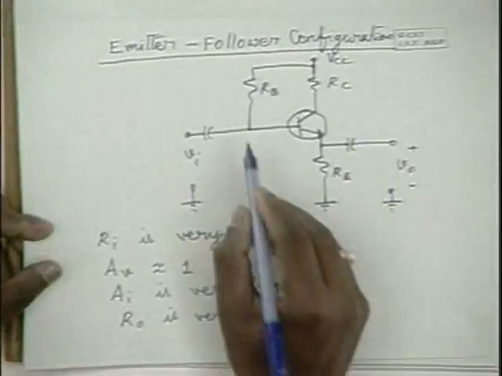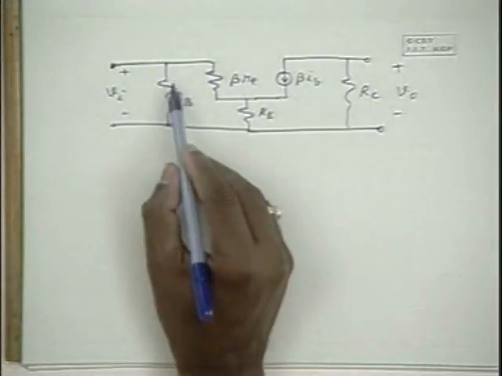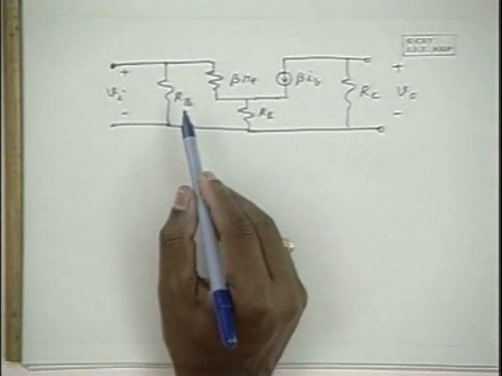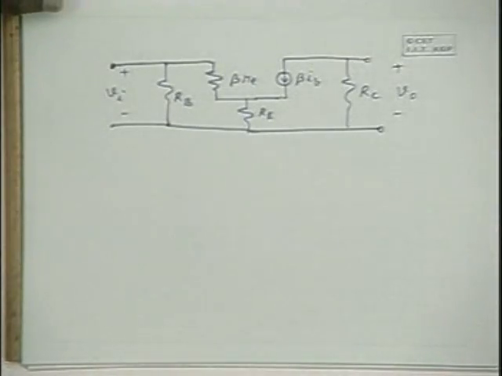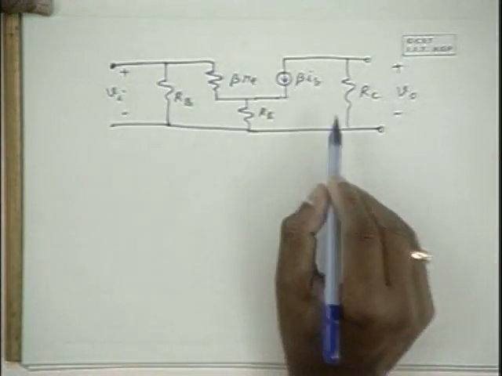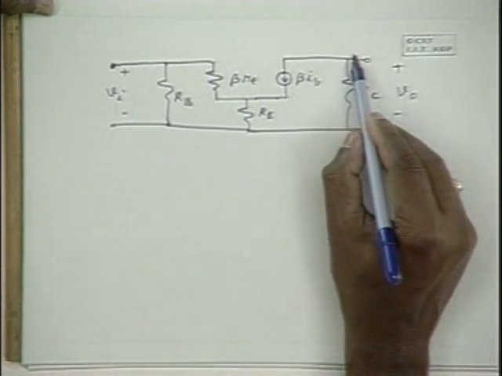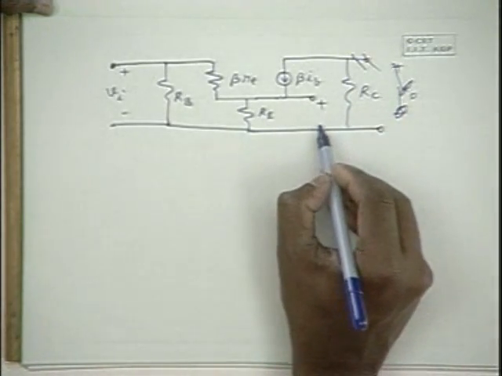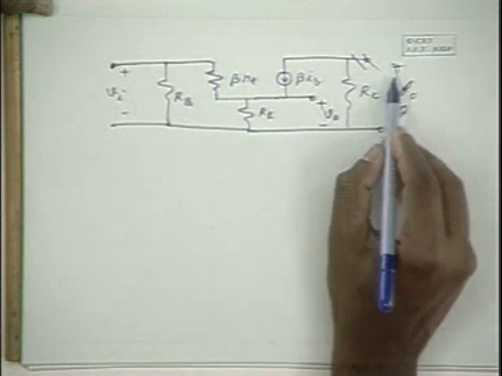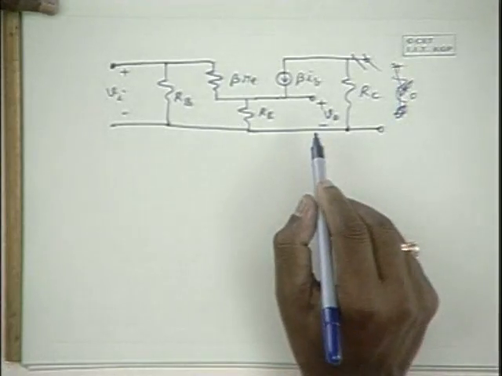Please note that if you have two resistances here, R1 and R2, in the equivalent circuit, you would have got R1 in parallel with R2. So RB is equivalent to R1 in parallel with R2. Now, with RE here, I'm sorry, this is not the output impedance, this is the output voltage. Output voltage is this across RE. So that is the difference. Otherwise, the equivalent circuit is similar to that of the circuit with the emitter resistance.